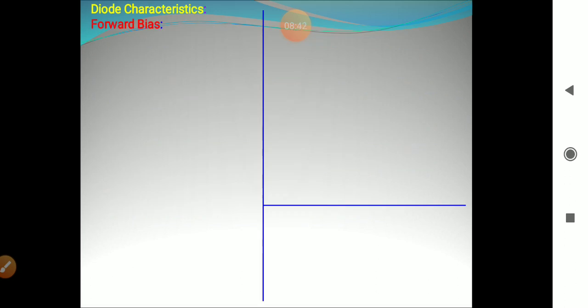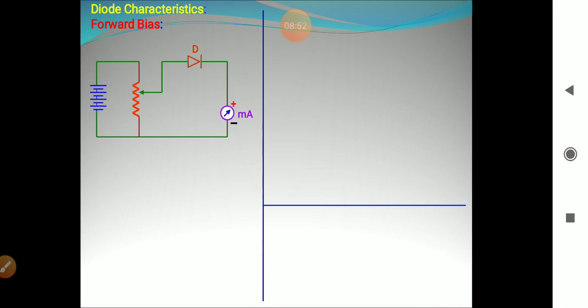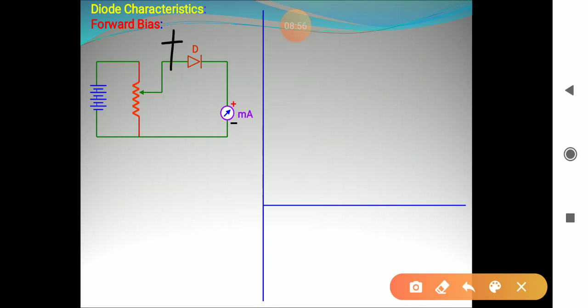Now, diode characteristics. In forward bias, you see the circuit. The P side is connected to the positive terminal of the battery. See, this triangle side is the P side and this line is the N side. This is the symbol of a diode.